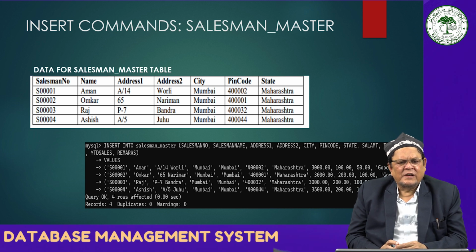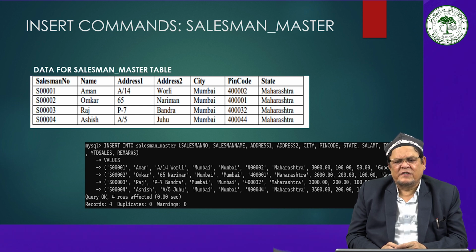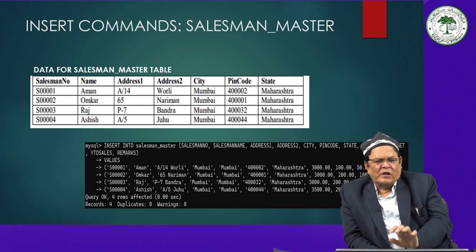Insert into salesman master: salesman number, salesman name, address 1, address 2, city, pin code, state, sale amount, target to get, yet to sell, and the remarks. You have to insert all the values.